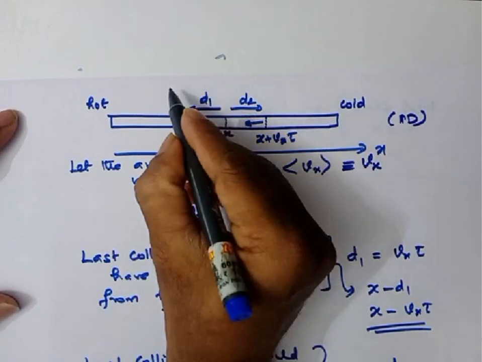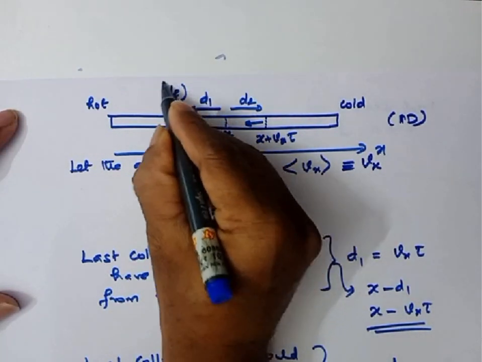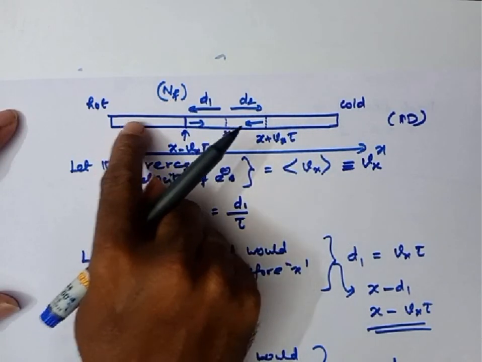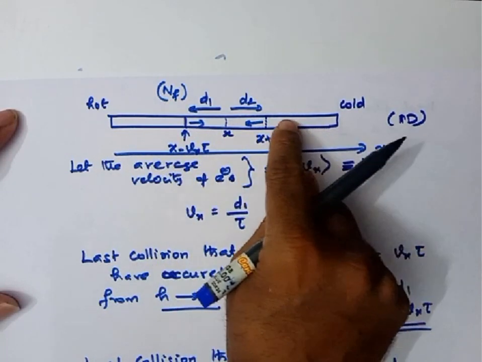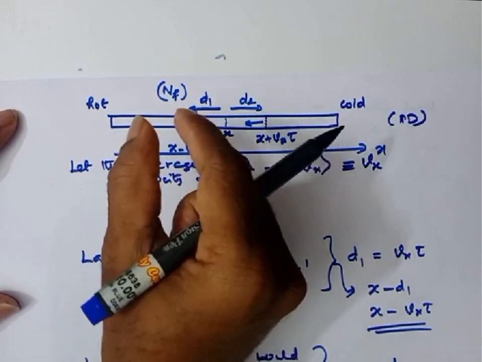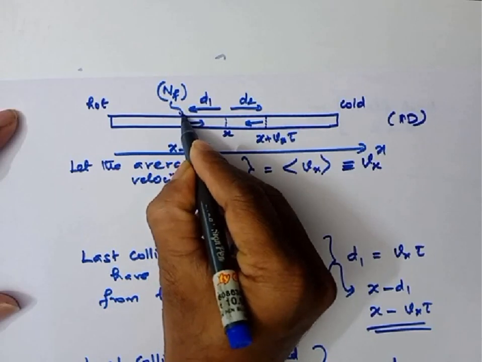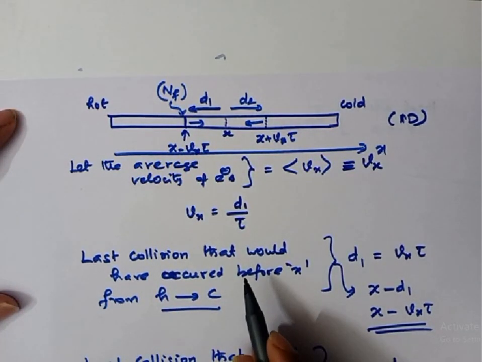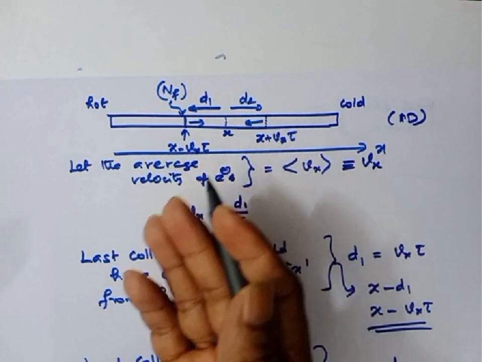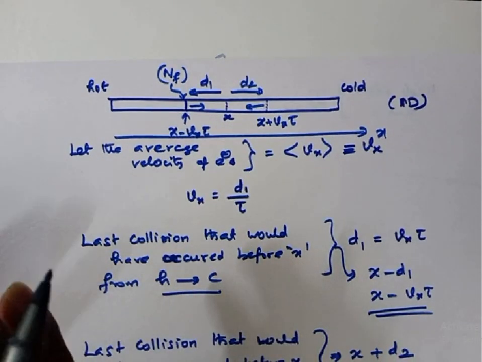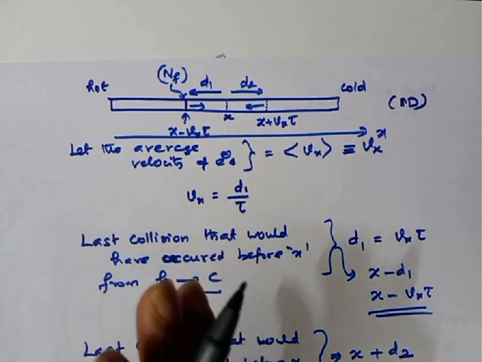Now we need to identify the number of free electrons moving towards x from this point. You know very well, NF is the number of free electrons per unit volume. Wherever position you take, the number of free electrons per unit volume is the same. I have told you in the beginning that thermal motion is completely random.